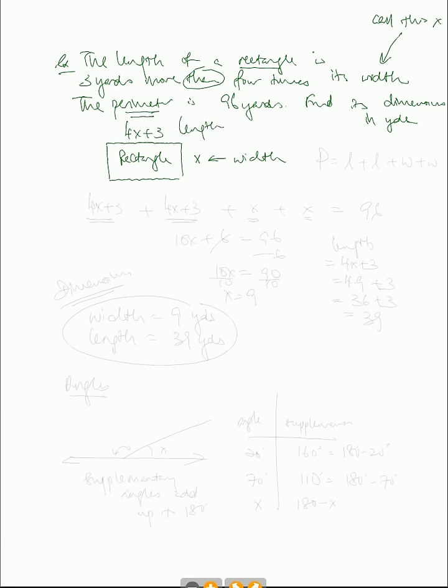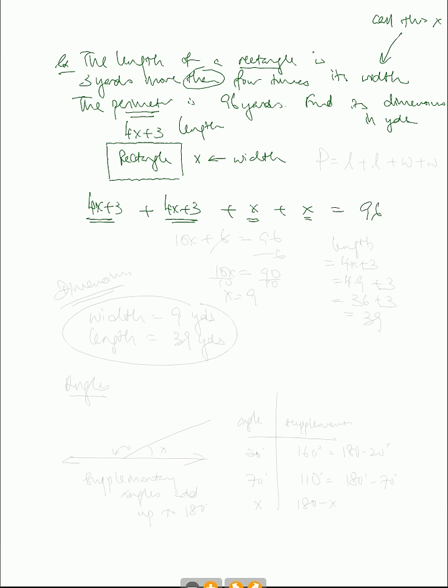Remember, length, there's two of them. So it's going to be 4x plus 3, that's one length, plus 4x plus 3, that's another length. And you also need two widths, so it's going to be x plus x. Two lengths and two widths, and the total is 96.